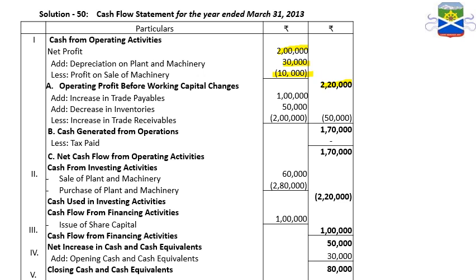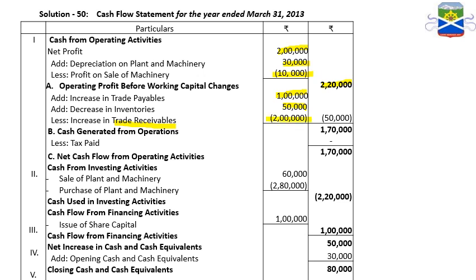Now we add the increase in trade payables, that is current liability increase of 1 lakh, and the decrease in inventory, that is current assets decrease of 50,000. We have an increase in trade receivable, that is current assets increased, which means less.